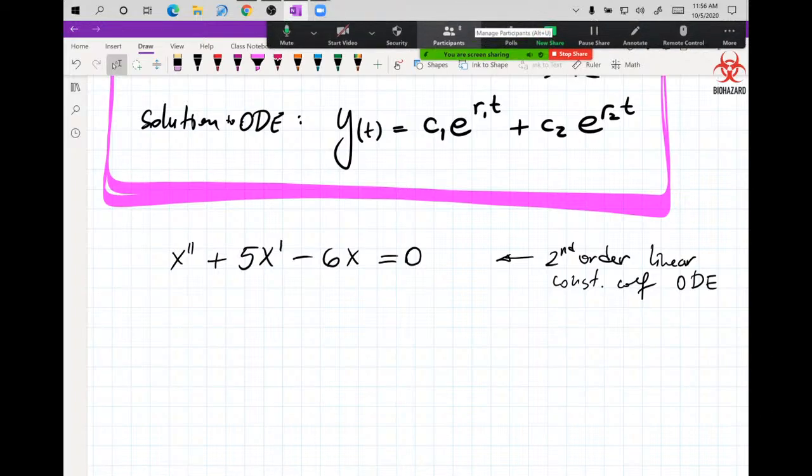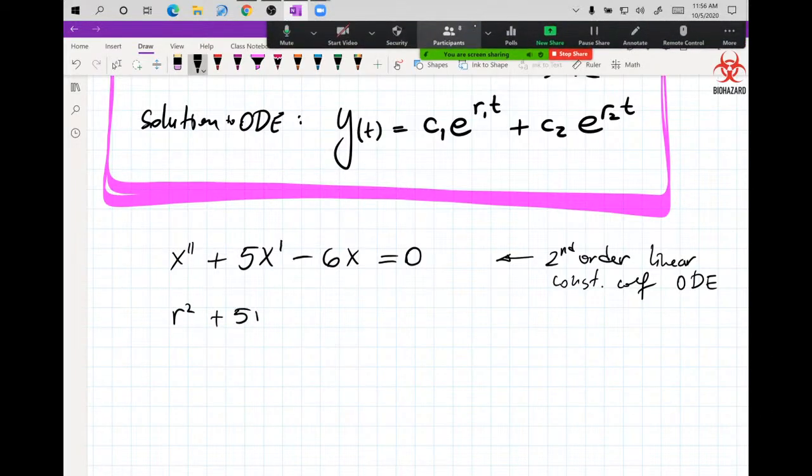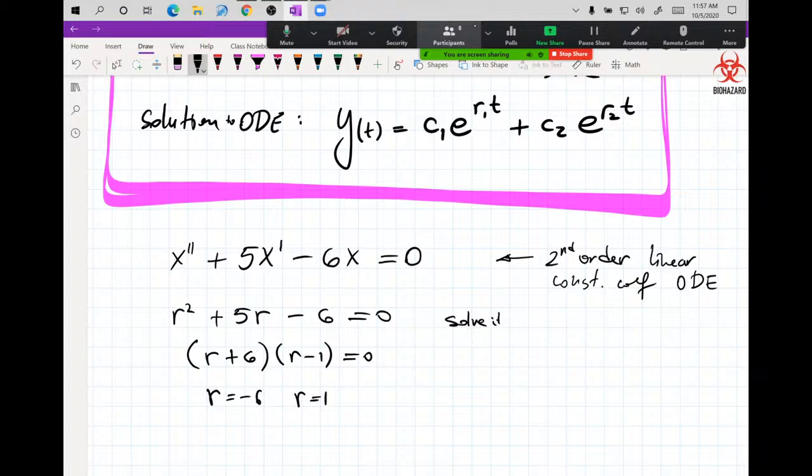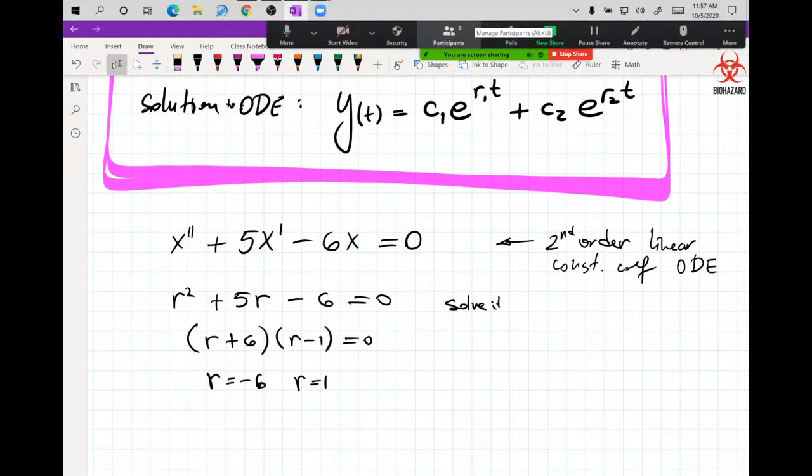The procedure is clearly stated. Convert to r squared plus 5r minus 6 equal to 0, and then solve it. Well, this conveniently factors to (r plus 6)(r minus 1) equals 0, r equals negative 6, r equals 1. Basic algebra. And all you need to do now is plug into the solution.